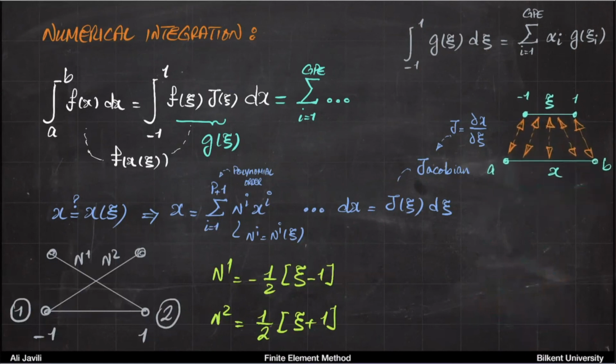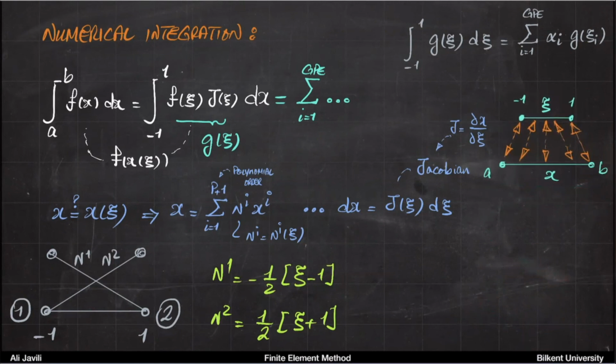So the next thing you want to do is to write the hat functions in natural coordinates for the quadratic case. Now the coordinates are -1, 0, 1, let's say, and these are nodes 1, 2, and 3.